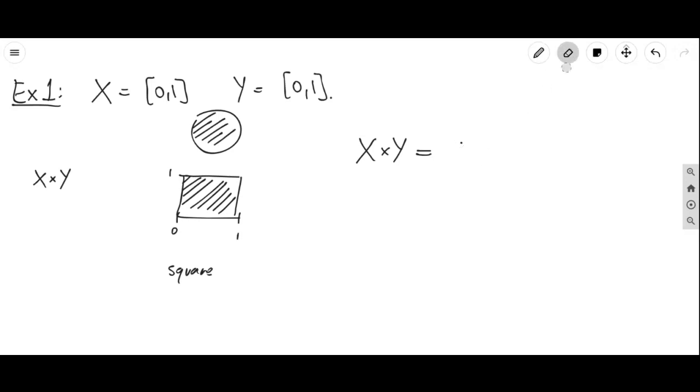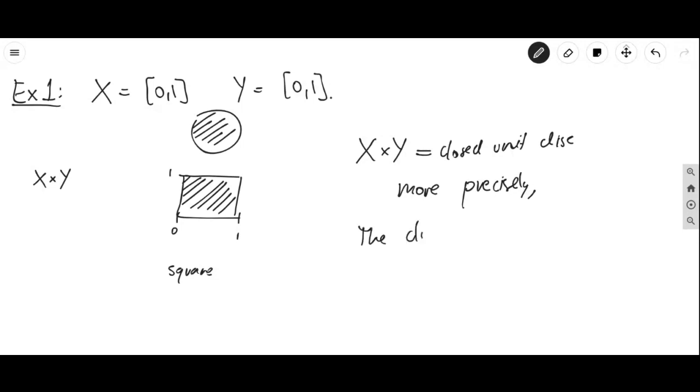So you would just say this is the closed unit disk. More precisely, you would say that the closed unit disk is homeomorphic to X times Y as the product of those two topological spaces.